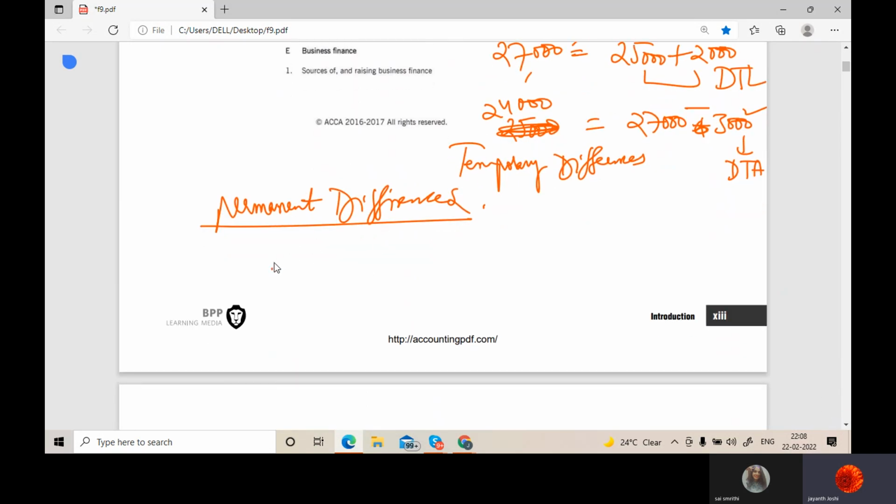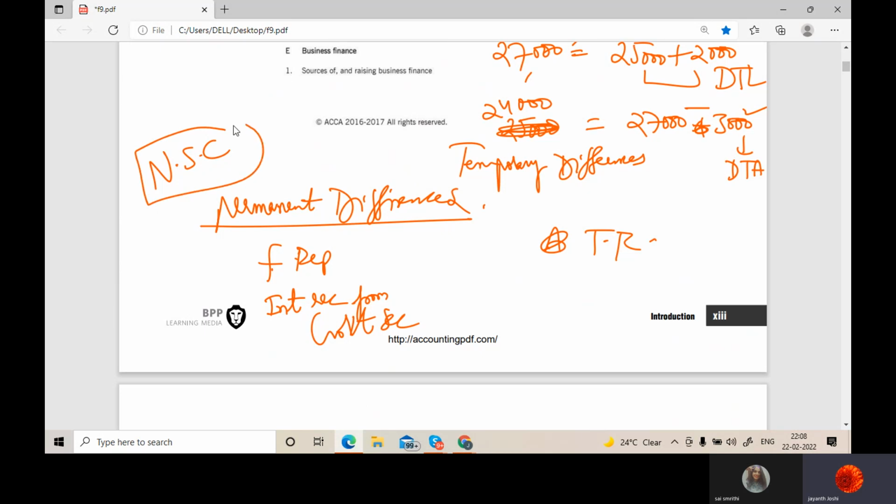So permanent differences. This is the financial reports we prepare, and this is the tax returns we prepare. Here I have shown interest received from government securities. In India, there are certain government securities, for example National Savings Certificate, NSC bonds.